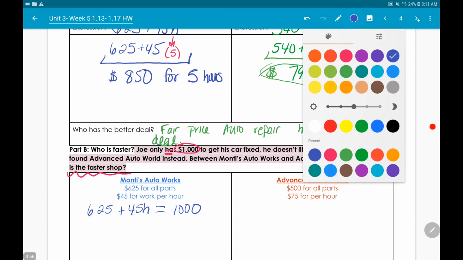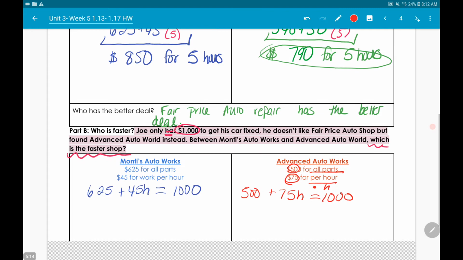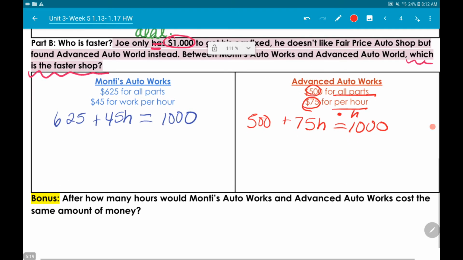And let's do the same thing for Advanced Auto Works. So he has $500 for all parts, plus his 75 per hour. Again, we don't know how many hours. We need to find that. Equals the $1,000 that he could spend. And how do I solve these? They look like normal equations that I could just use a solving square for. So I'm going to go ahead and set up solving squares for both of them.